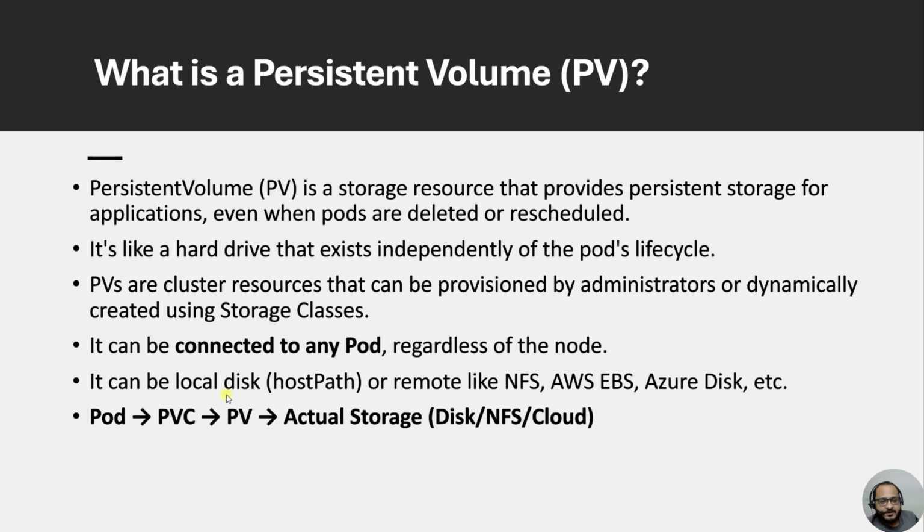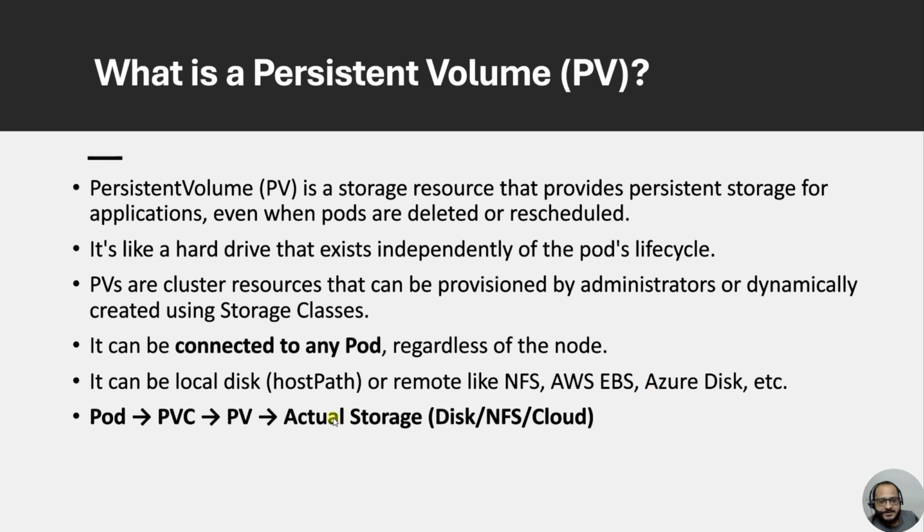It can be your local disk like hostPath, or maybe a remote one like a network file share, or if you are using AWS, then you can use an EBS volume. If you are using an Azure environment, you can use Azure Disk. These are external storage solutions which you can attach to your application, and they provide data persistence.